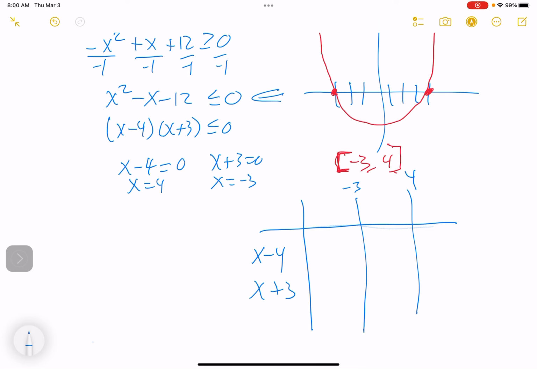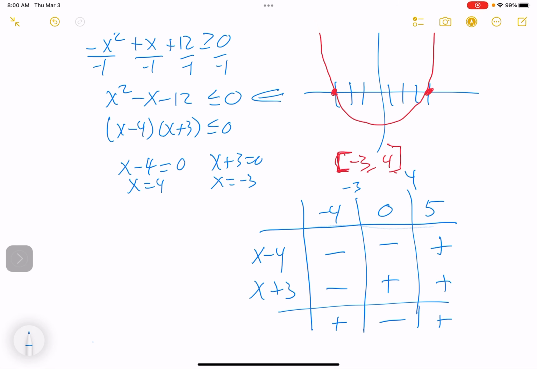If you pick a number smaller than -3, like -4, between -3 and positive 4, like 0, and bigger than 4, we'll go with 5. -4 minus 4 is negative. -4 plus 3 is negative, so that's a positive. 0 minus 4 is negative. 0 plus 3 is positive, so that's a negative. 5 minus 4 is a positive. 5 plus 3 is a positive, so that's a positive.